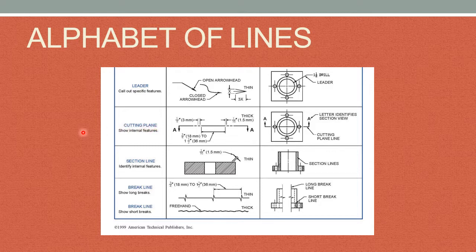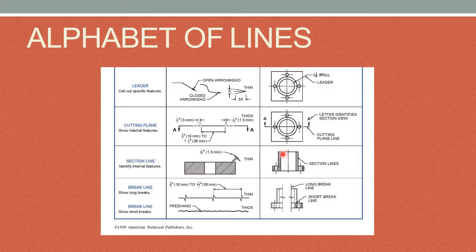For purposes of this class, this is very important. This is a section line, this is a cutting plane. The cutting plane shows you where we have taken a slice. Imagine this is a layer cake, and I have cut it in half, and I open it up to see what's inside.